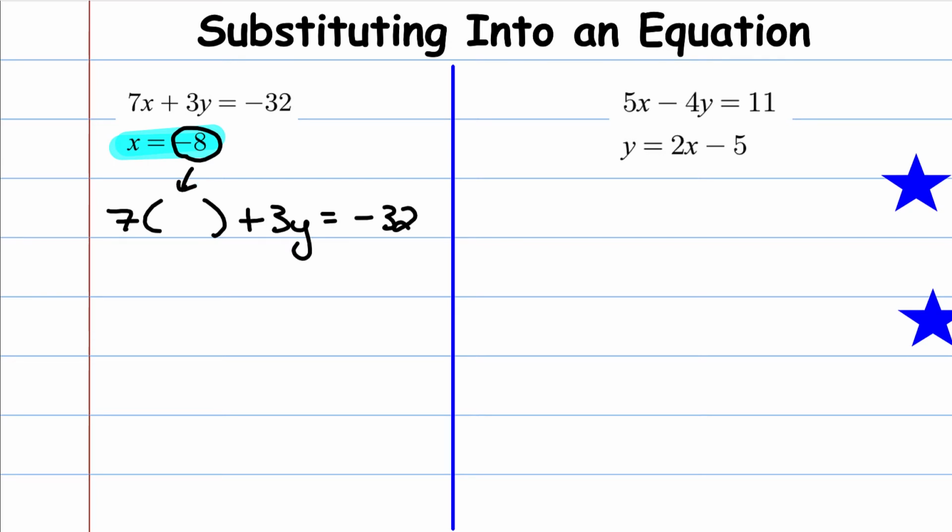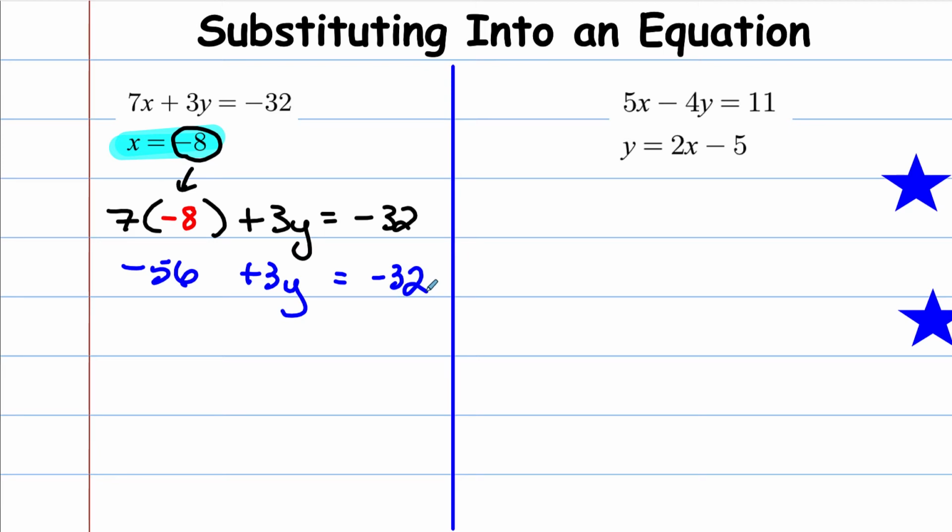Now I have an equation that's equivalent to it because I'm replacing two things that are equal. So 7 times -8 would give me -56, plus 3 times y because I can't do anything with that, and it still is equal to -32. So I'm just simplifying my equation.